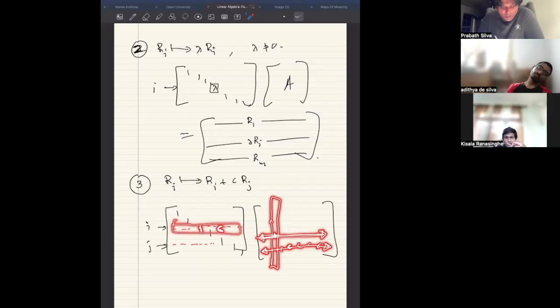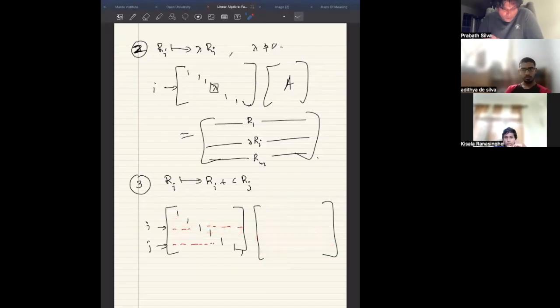Everything gets multiplied by C. So if you create a matrix like this with the C here, and multiply with this, so we have R1, Ri, then Rj.